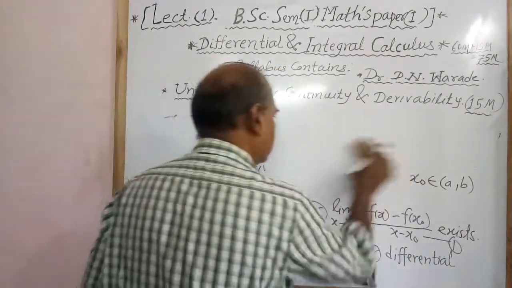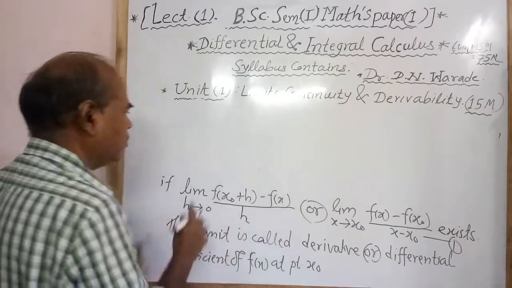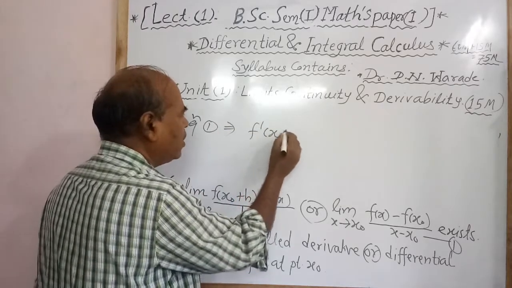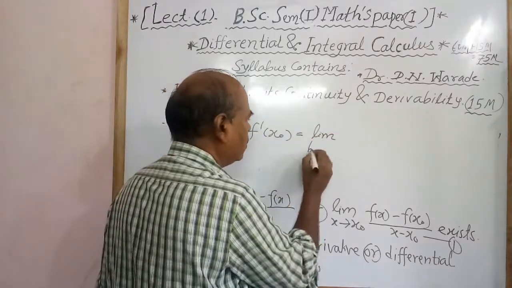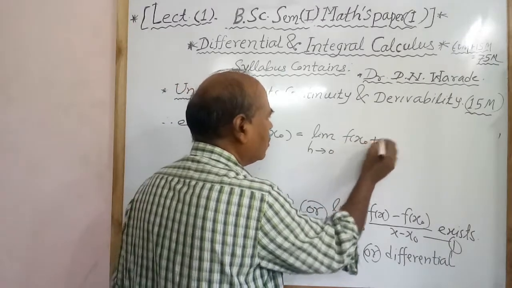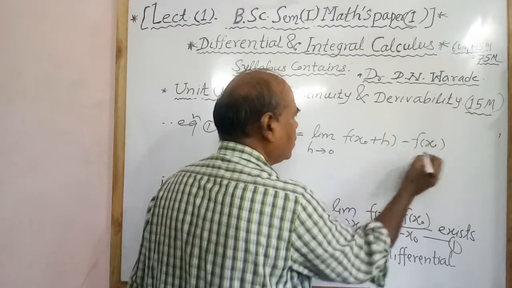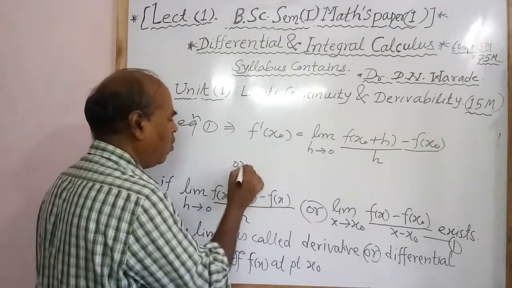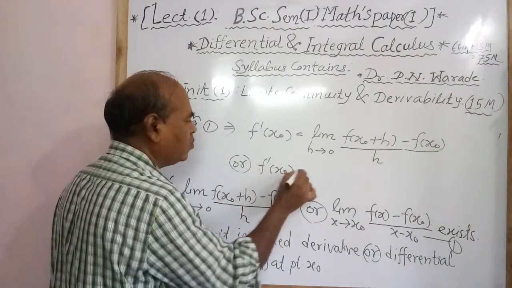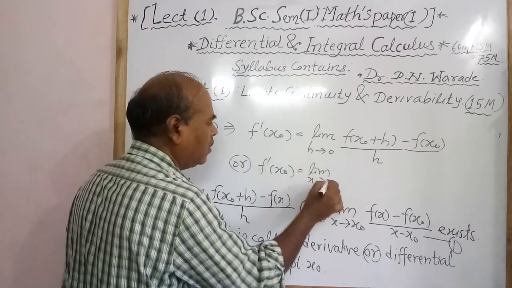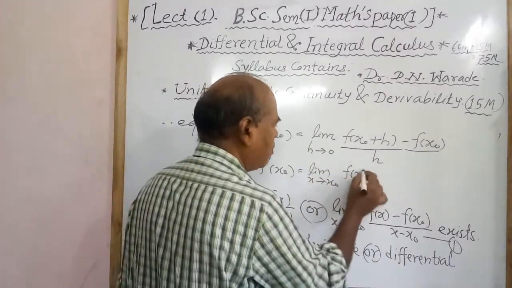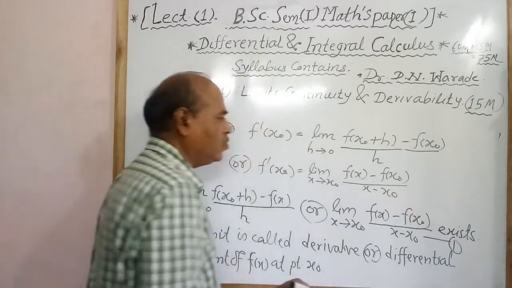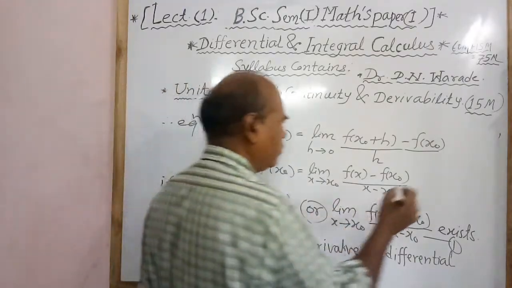Therefore equation 1 implies f dash of x0 equals limit h tending to 0, f of x0 plus h minus f of x0 divided by h, or f dash of x0 equals limit x tending to x0, f of x minus f of x0 divided by x minus x0, if the limits exist.